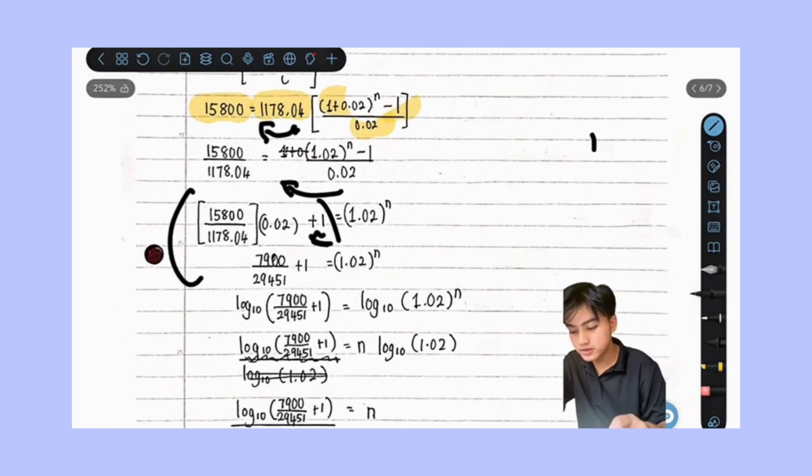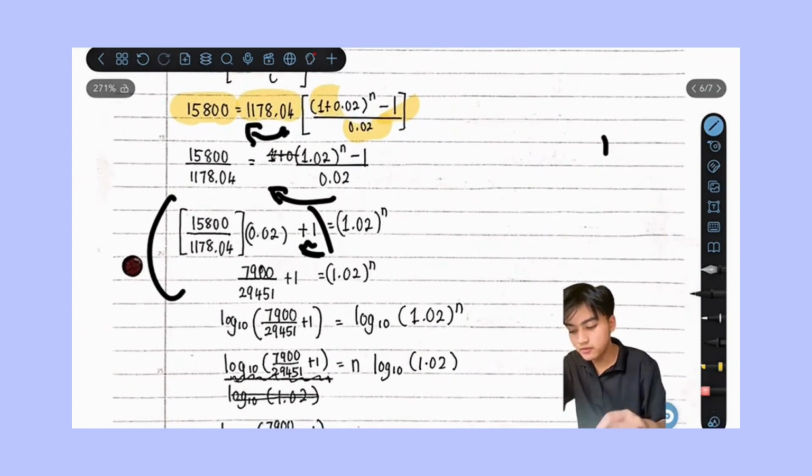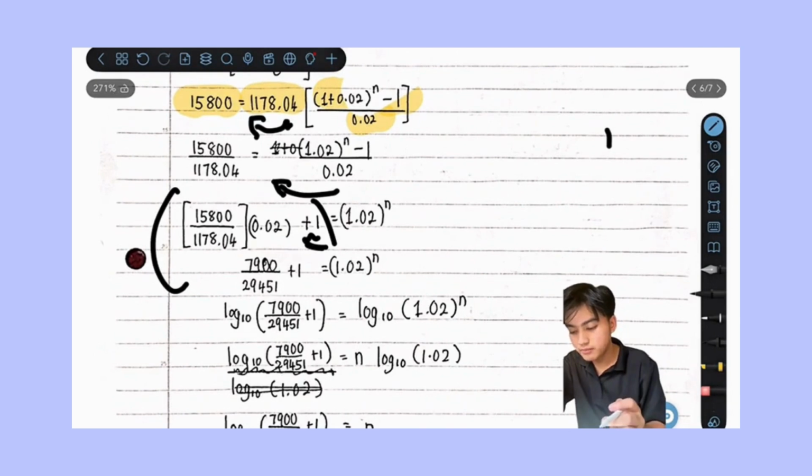After simplifying, we need to use the log formula by putting the log on the left hand side and the right hand side, and it became like this.